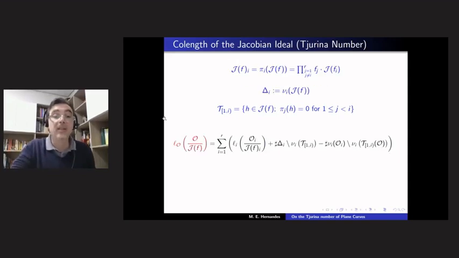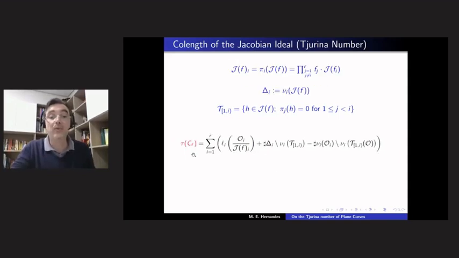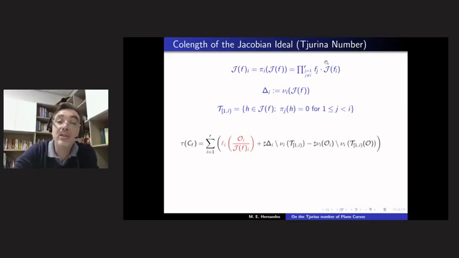Note that this corresponds precisely to the Tjurina number, and this red expression is not precisely the Tjurina number of each branch. In fact, this codimension is the codimension of OI by the fractional ideal given by this one.